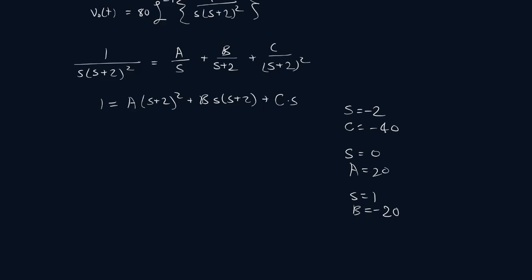So pretty much 1 over S times (S plus 2) squared is equal to 1 over 4S minus 1 over 4 times 1 over S plus 2 minus 1 over 2 times 1 over (S plus 2) squared. Okay, so instead of S plus 2, you can rewrite it as S minus minus 2. And so now we can do the inverse Laplace of all of these.